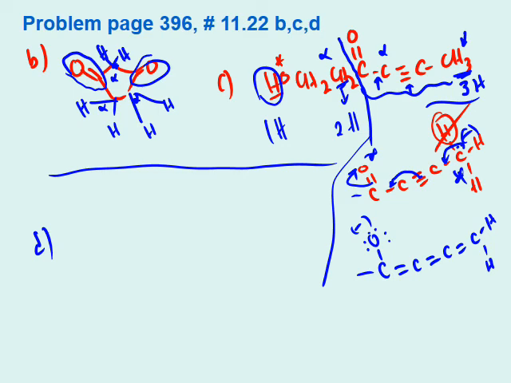You remember the benzene ring? It's a 6-membered ring structure. Double bond, single bond, double bond, single bond, double bond. So that's the benzene ring. You would have C double bond O, O, CH3.